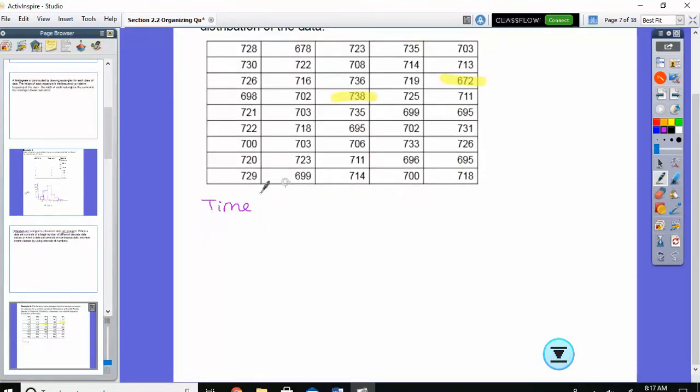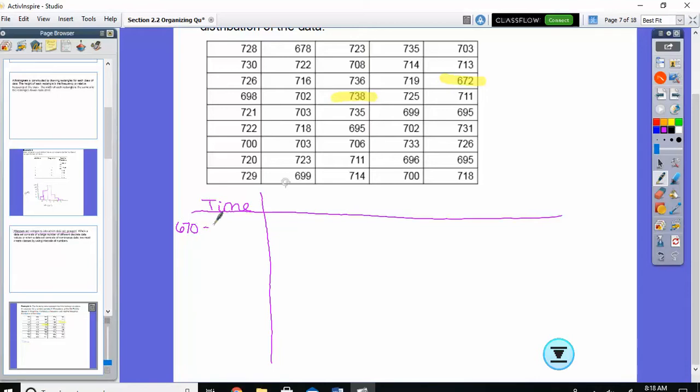For my table, my first column is going to be time. And it starts at 672. We have to go all the way up to 738. So how about we just start at 670 and we go up by 10 each time, okay?